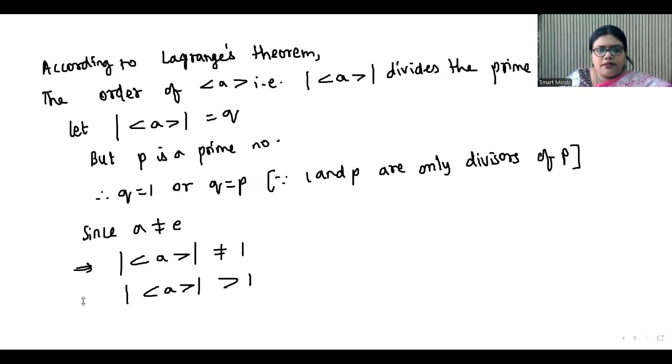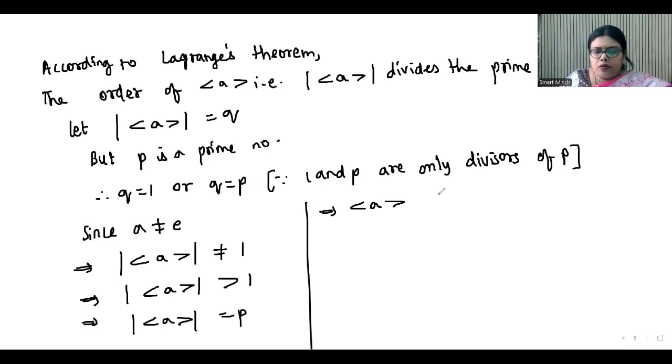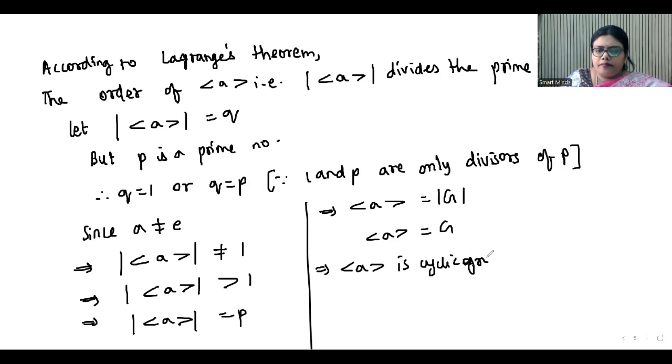That means modulus of cyclic subgroup A is equal to P, which implies cyclic subgroup A is equal to G, which implies it is a cyclic group, and G is a group of prime order.